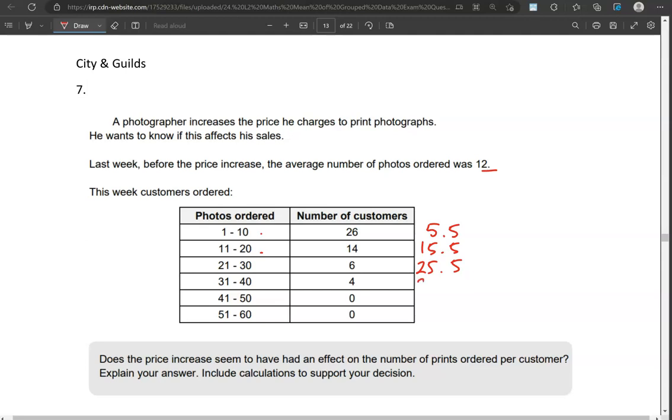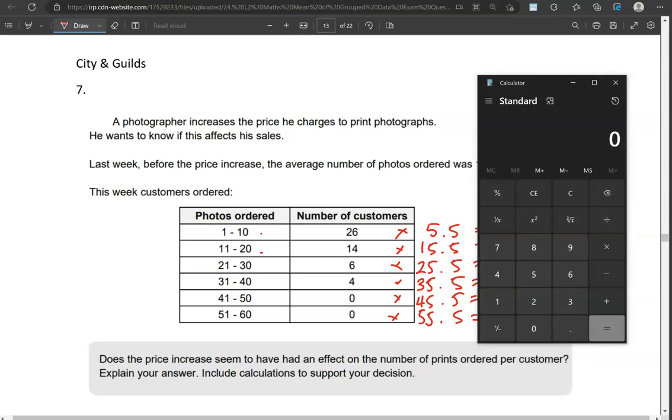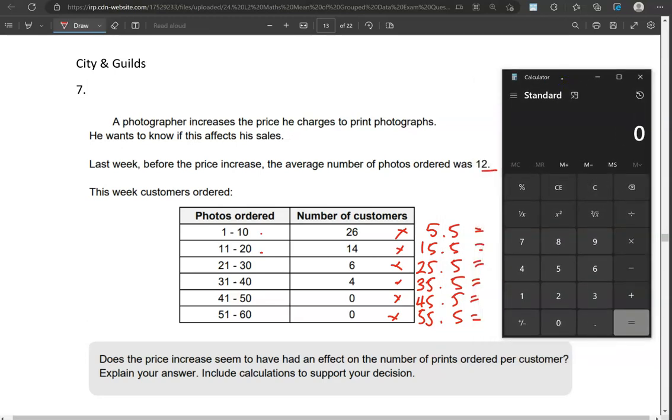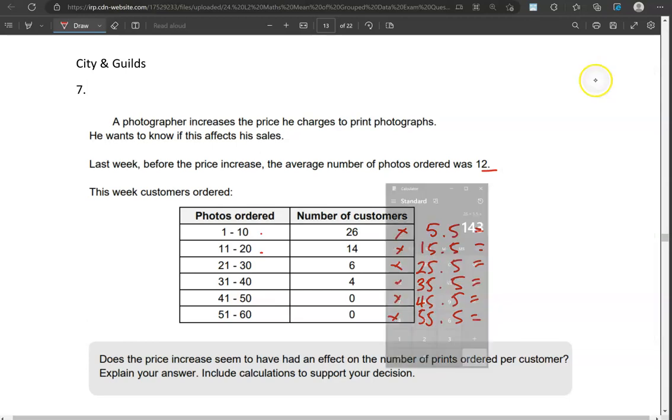Divided by 2 gives us 35.5. 41 add 50 gives us 91. Divided by 2, that is 45.5. 51 add 60 gives us 111, divided by 2 gives us 55.5. So multiplying these, 26 times 5.5 gives us 143.